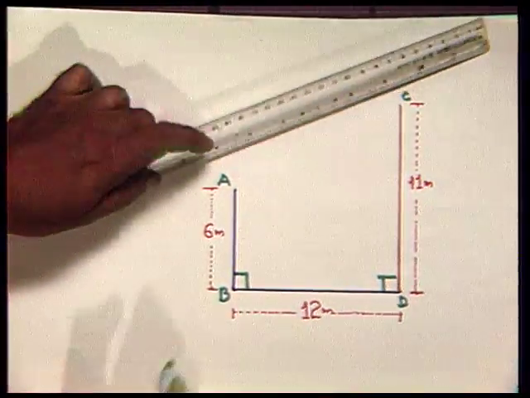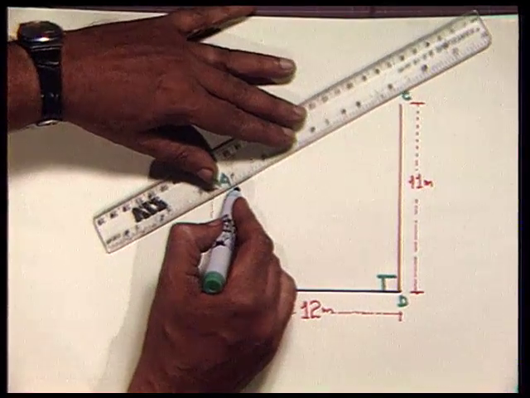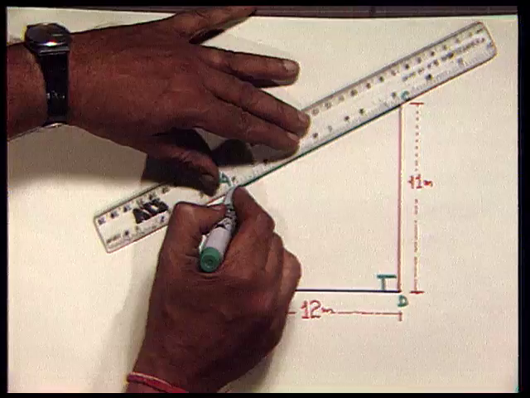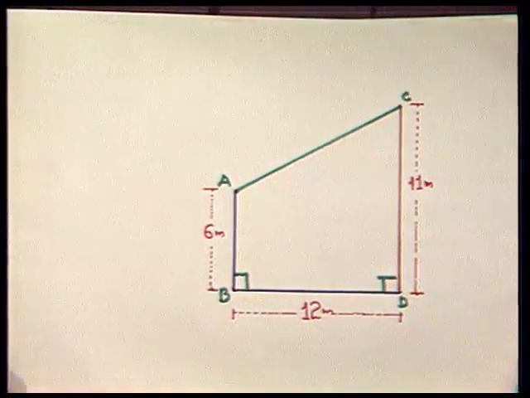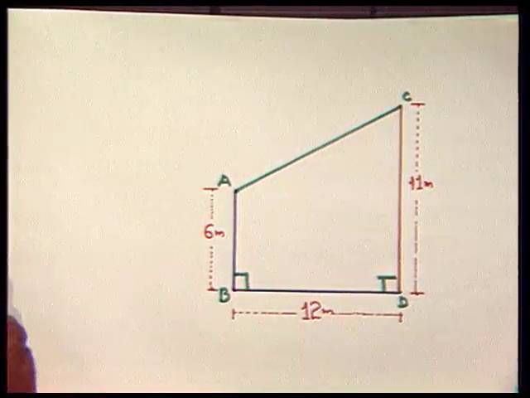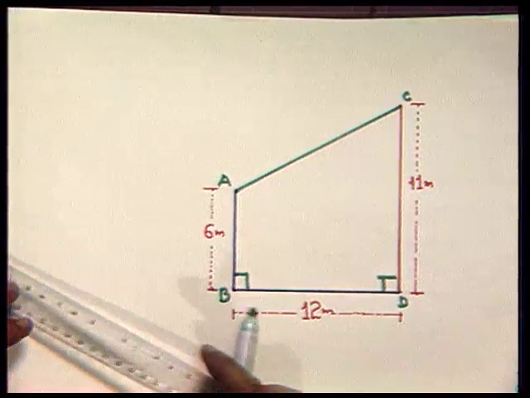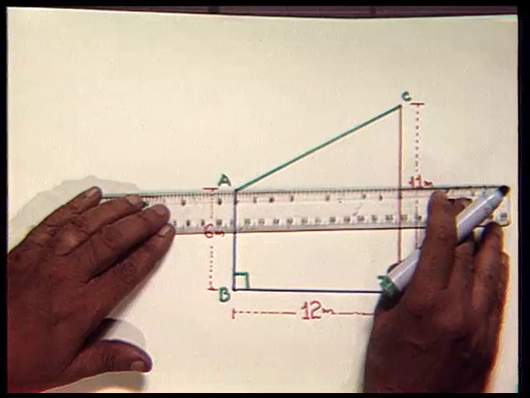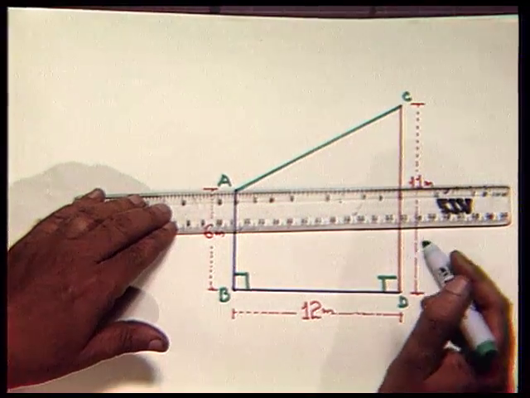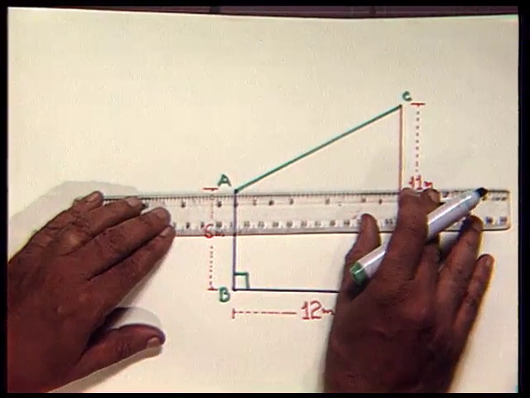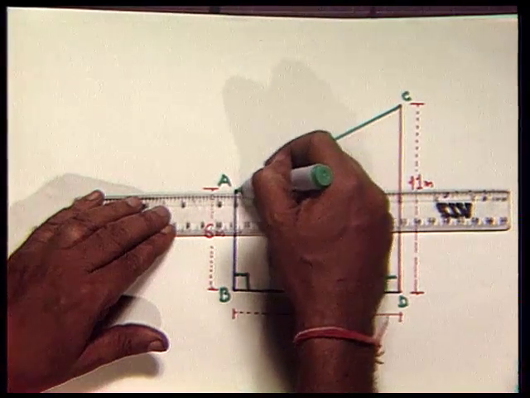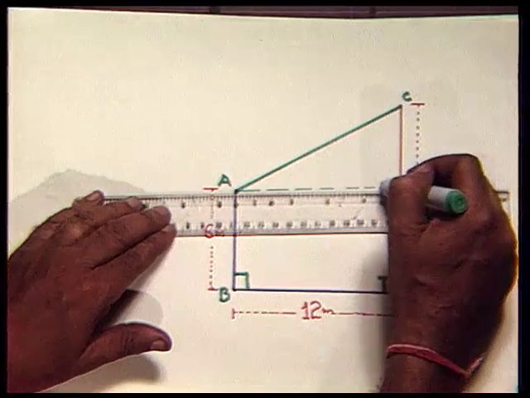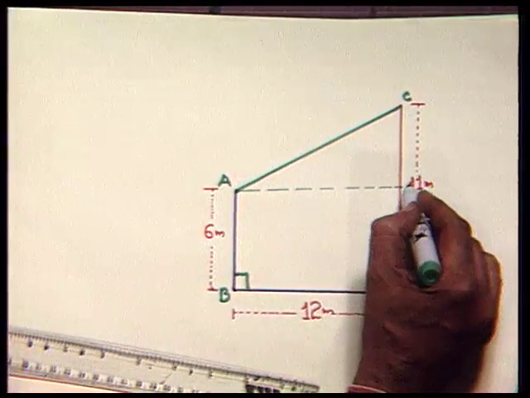And we are supposed to find the distance between their tops, that is the distance between A and C. Now, to get the distance AC from A, I will draw a line perpendicular to CD and mark this point as E.